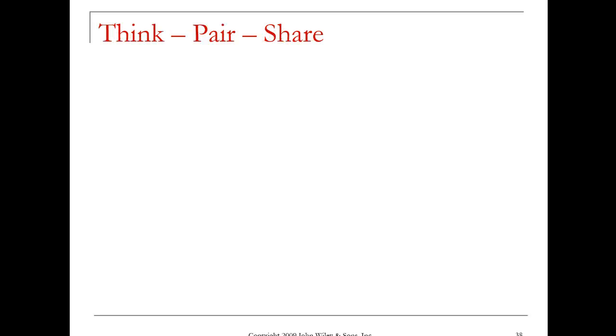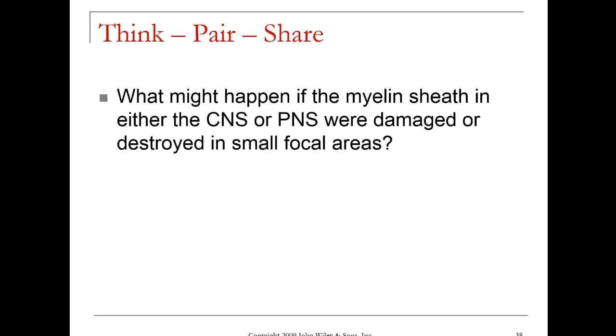All right, so I want to end here with this second video of the nervous tissue with a think, pair, share. Now I know we're not in the classroom, so if you want, pause the video and think about it, or write down the information and make sure you look it up. I want you to think for a second about what might happen if these myelin sheaths in either the central nervous system or the peripheral nervous system were damaged or destroyed in small areas.